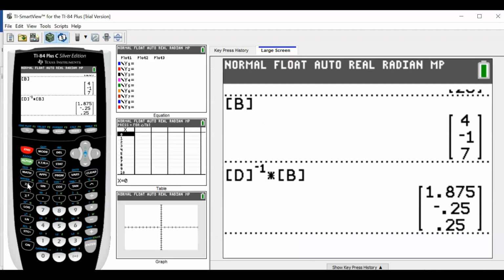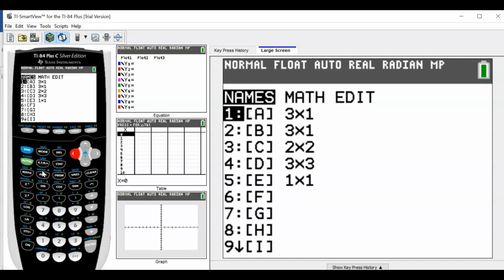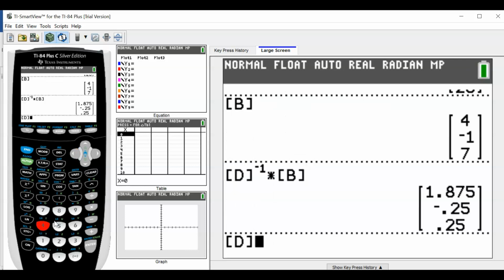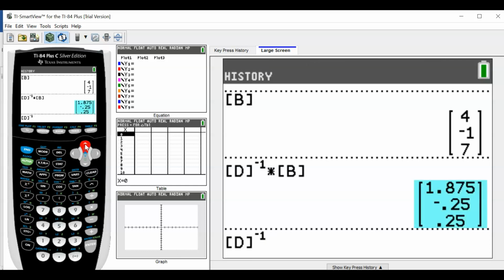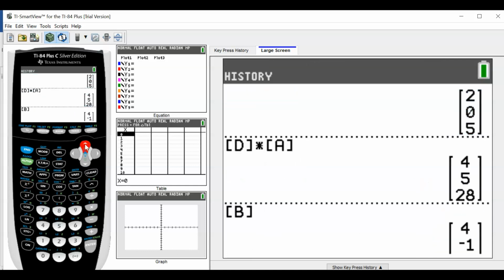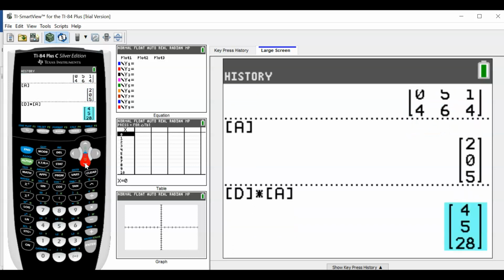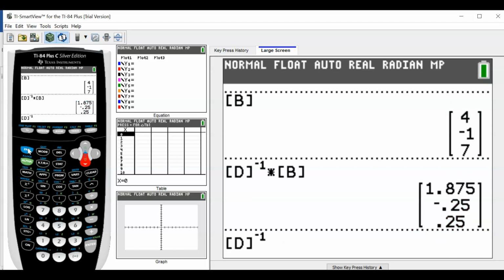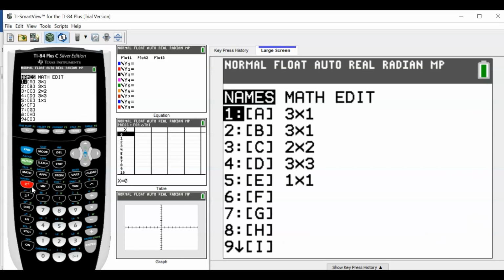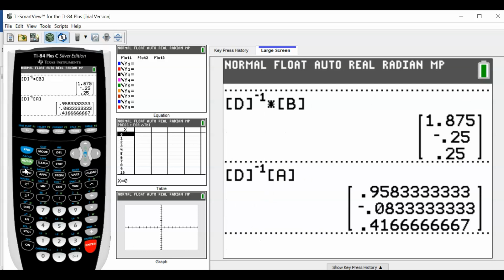We take our matrix inverse. So again, go back to matrix. Which one was that? 4. Inverse. And if you remember way back up here, we already had 2, 0, 5. That was in my matrix A. So we're going to take the matrix inverse times matrix A. I think that'll do it. And there you go. I'm going to turn that into a fraction just so it's a little bit easier to see.